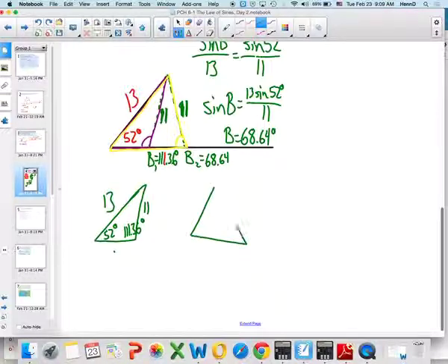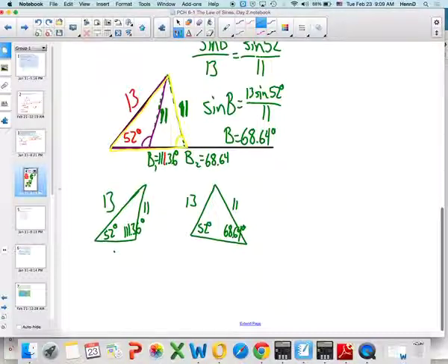Or, here it is when we have a 68.64 degree angle. We have 11 and 13 and 52. And we could solve for that side and that angle, but they're going to be different. So we could split it up into two separate cases. Alright? Does that make sense? Alright. So that's our ambiguous case.